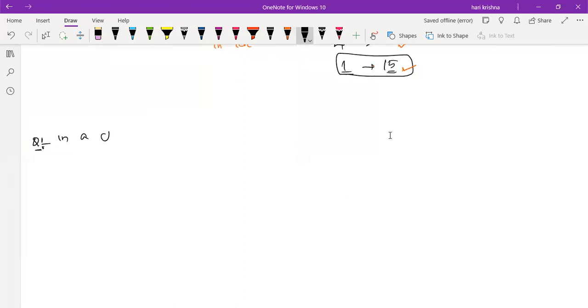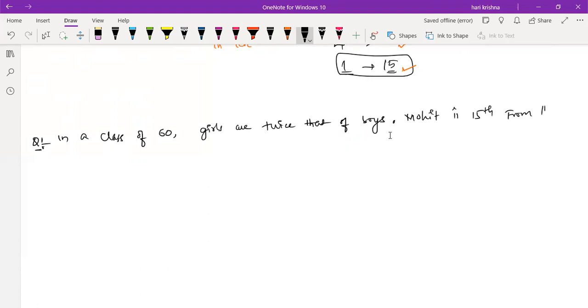Same, in a class of 60, girls are twice that of boys. Mohit is 15th from the top.